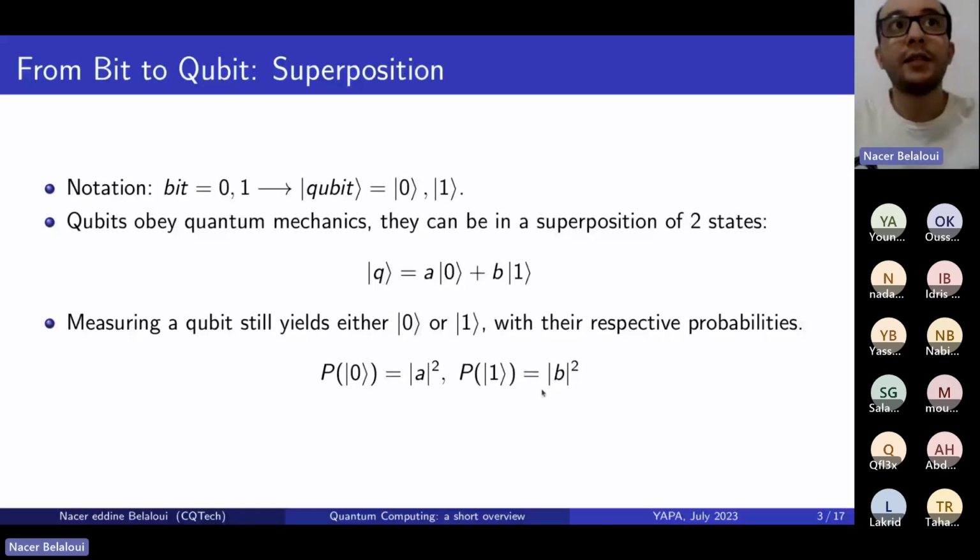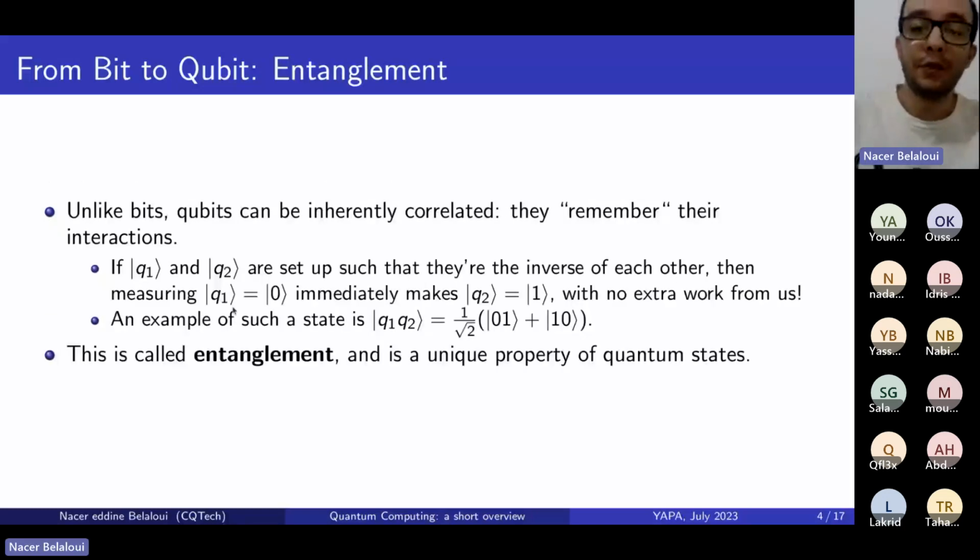The second thing that is unique to quantum mechanics, and quantum computers by extension, is entanglement. Now, superposition we can have classically, it's not a problem. I don't know if you have seen the Starlink satellites, which have flat antennas, and the way that they direct their beams is through something called a phased array, and this uses superposition.